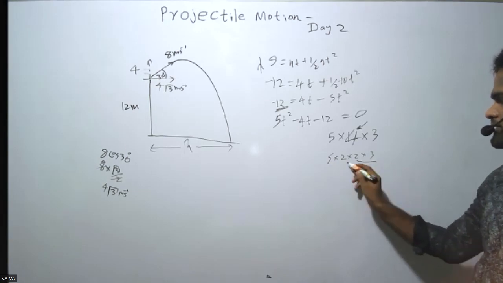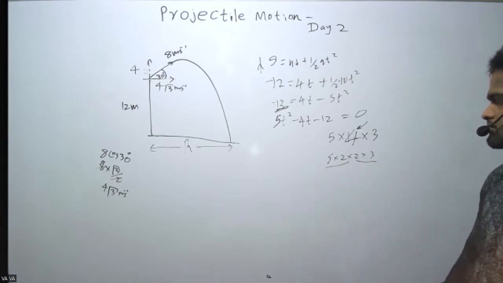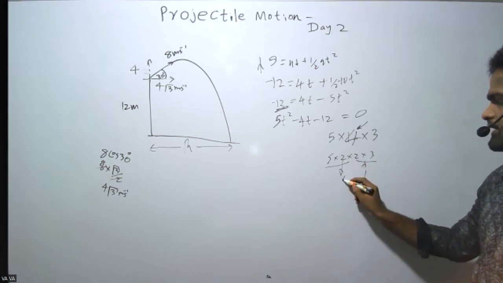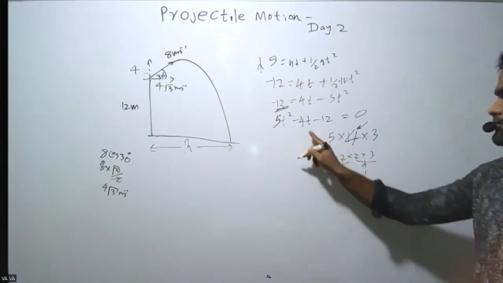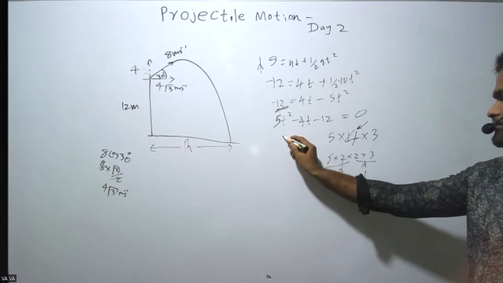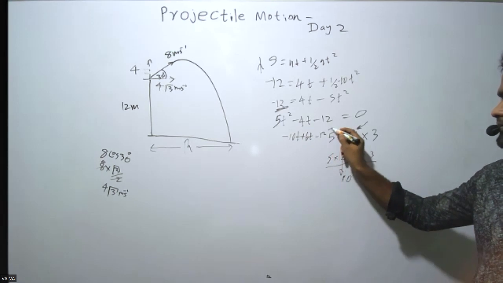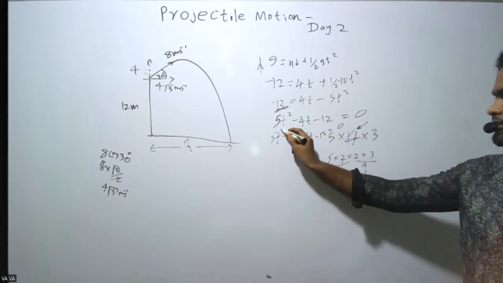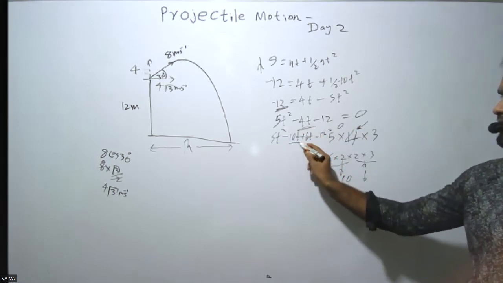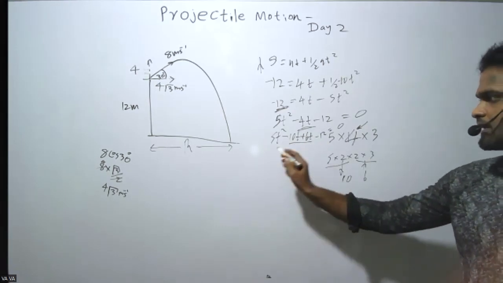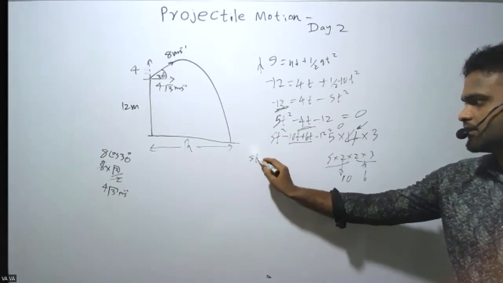Okay, we have 6 times 10. Yeah, this is 6 and 10. So minus 4 can be written as minus 10t plus 6t, minus 12 equals 0. Then take 5t out.